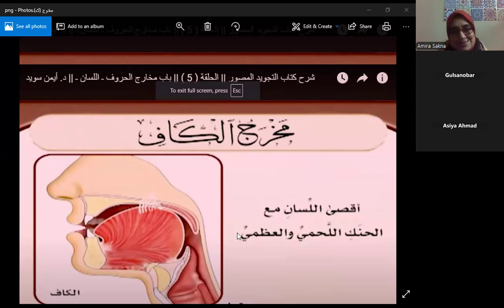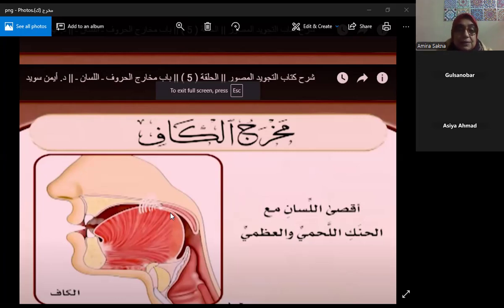This is the difference: the back of the tongue with the area in between the hard palate and the soft palate. Regarding the tongue, it is the same area, qaf and kaf from the back of the tongue. But the difference is in the area in the roof of the mouth where they meet.